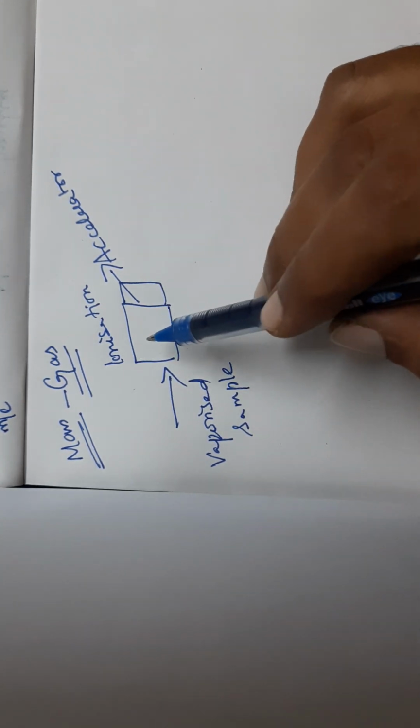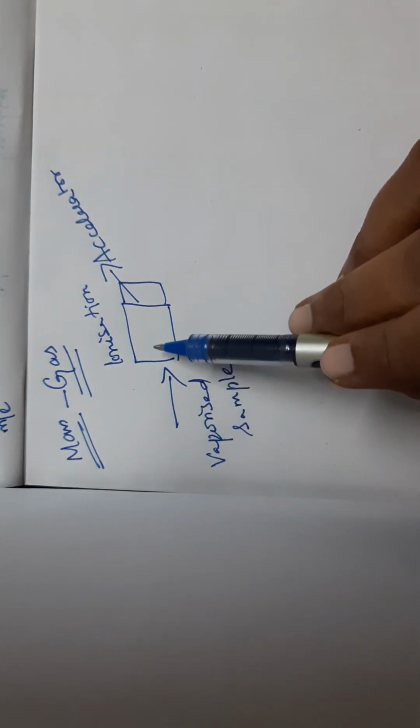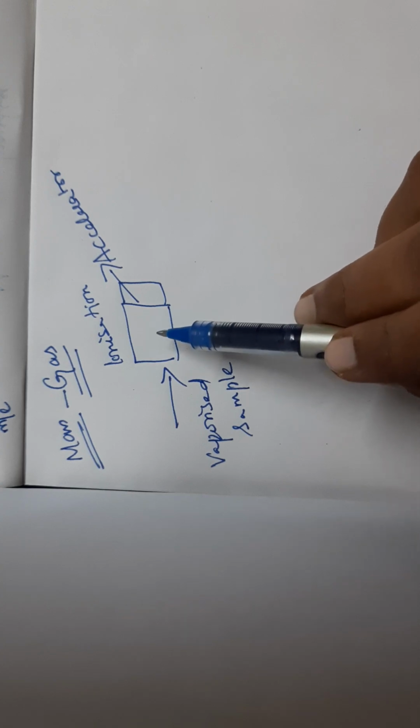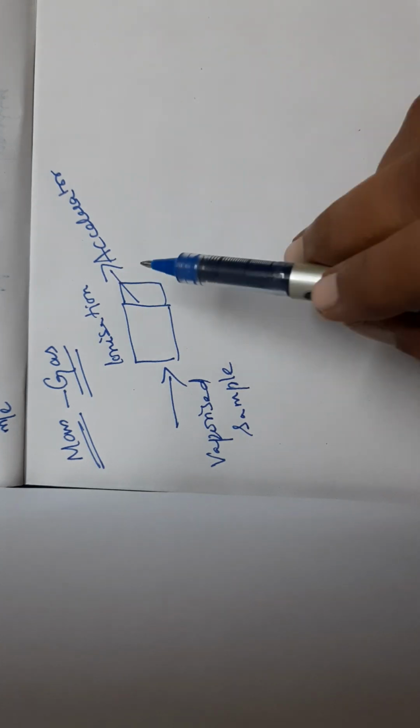Now let us have an electron beam here. When my vaporized sample is introduced into this ionization chamber, it undergoes ionization to form M plus ion along with a free radical.